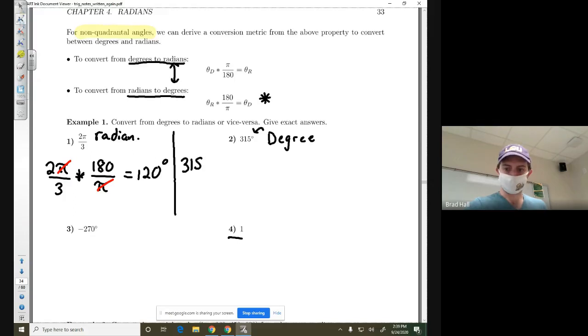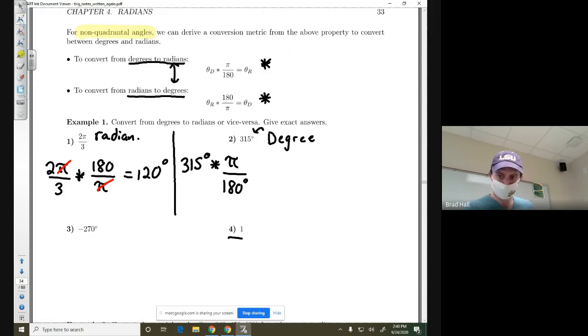So we're going to convert 315 degrees to radians. So we're going to multiply that. We're going to use this top rule. We're going to multiply it by pi divided by 180 degrees. So if you put this in your calculator, that's going to be a big mistake, because you will get a very not glorious decimal.